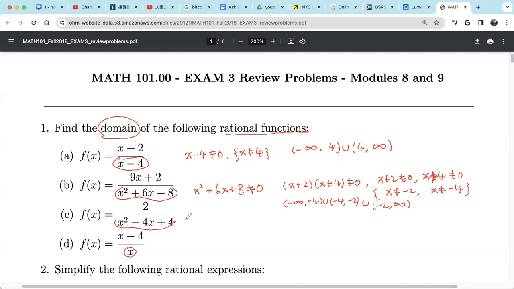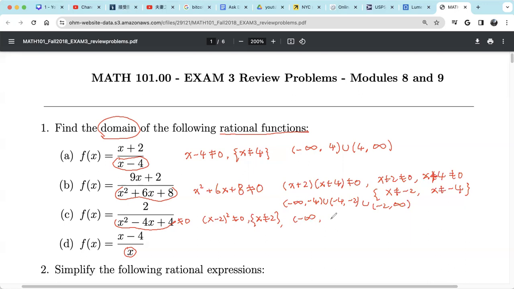So same thing for C. We take the denominator, we say, okay, that cannot be 0. Then we put it in a factored form. In this case, x minus 2 squared cannot be 0. That means x cannot be 2. Set notation, use the interval notation.